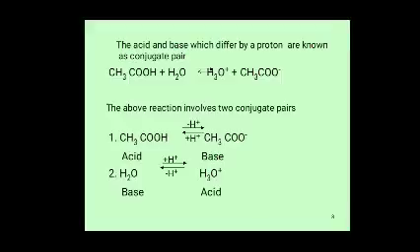These pairs differ by only one proton, so they are called conjugate acid-base pairs. CH3COOH is the acid and CH3COO− is the base; H2O is the base and H3O+ is the acid.